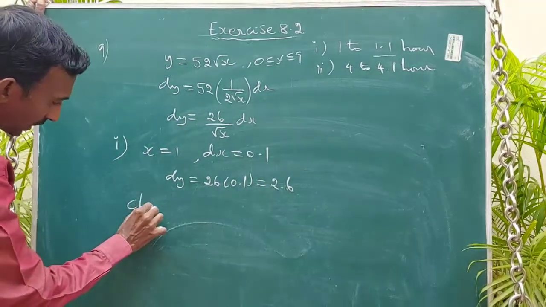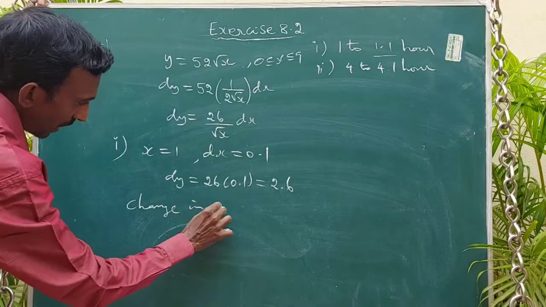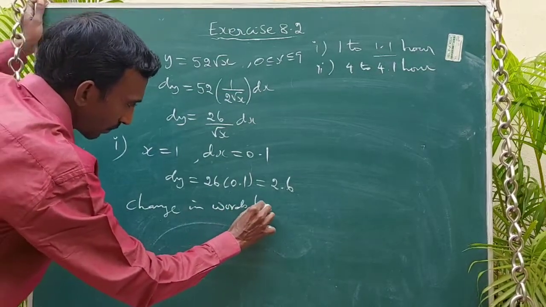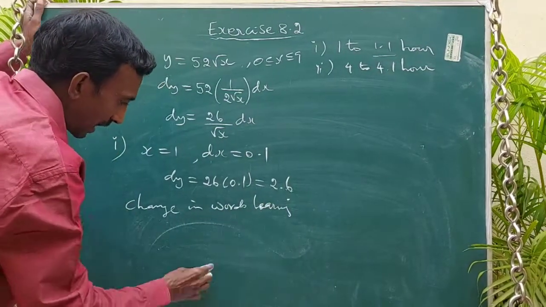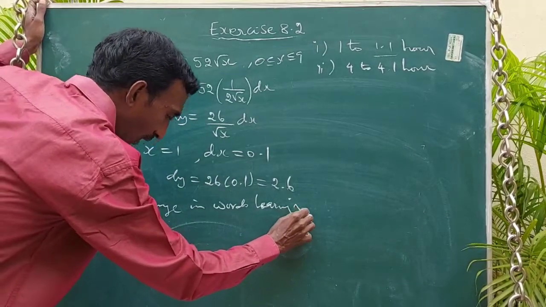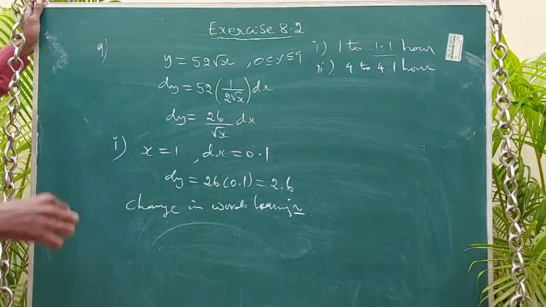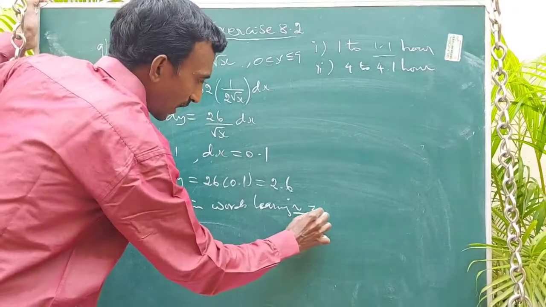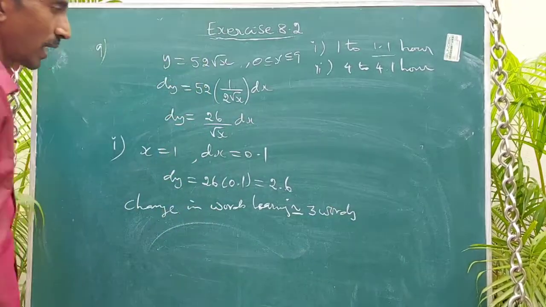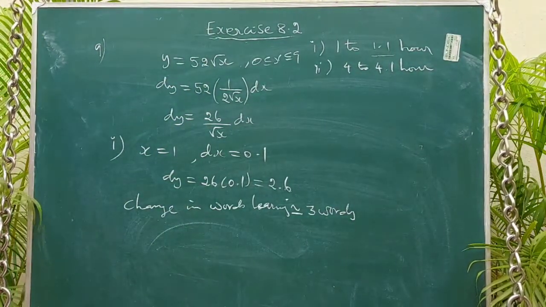So the change in words learned is approximately 2.6, nearest to 3. So approximately 3 words.